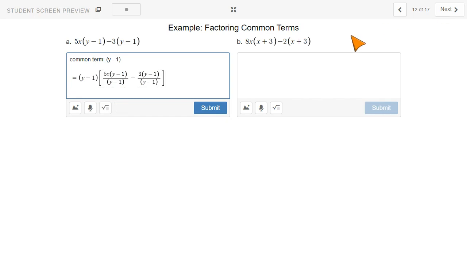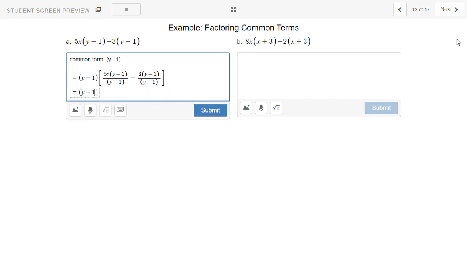Now you'll notice that I used square brackets here just so that I can distinguish the difference between these two. Now the two brackets, because they are the same, I can divide those out. I have y minus 1, and what I have remaining in my second bracket is 5x minus 3.